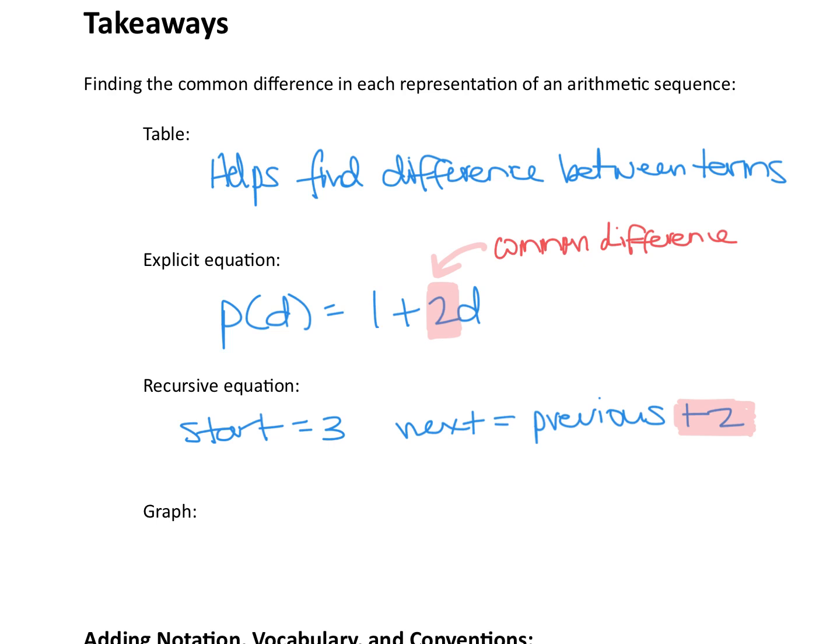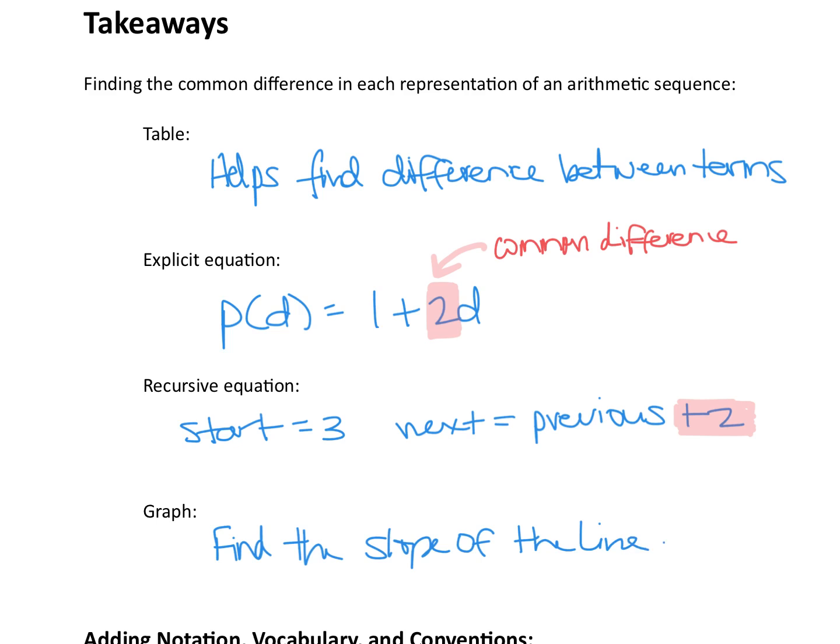On a graph, how do we see the common difference? On a graph, we see it by seeing the slope of the line. Find the slope of the line between the dots.